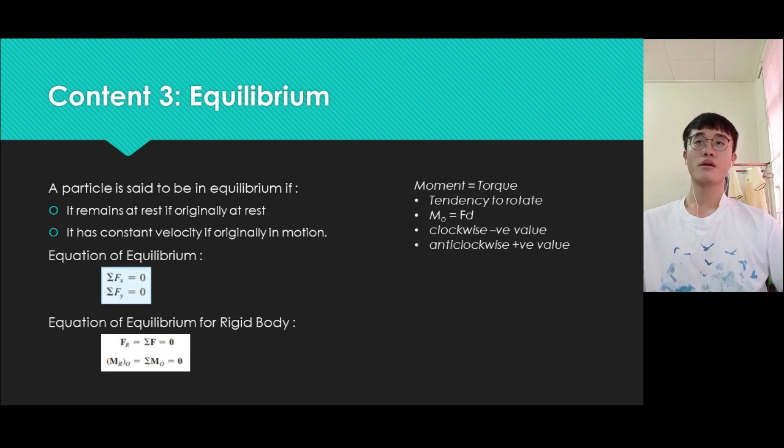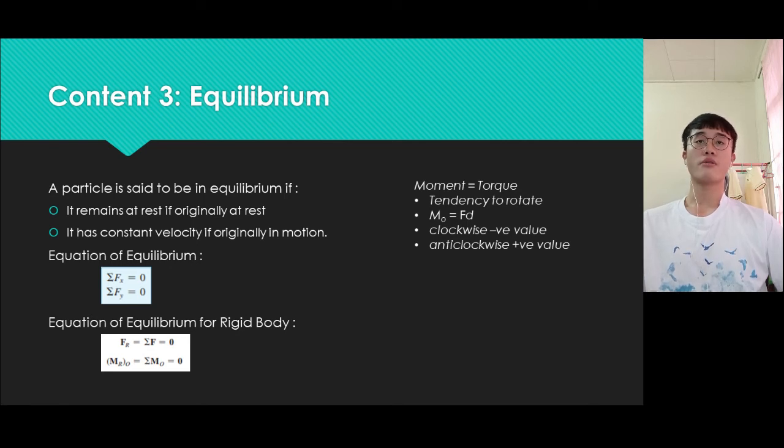The equation of equilibrium for a rigid body is also the same as for a normal object, but the most important addition is that the summation of the moment is also equal to 0. What is the moment? Moment is actually torque, which is the tendency to rotate.